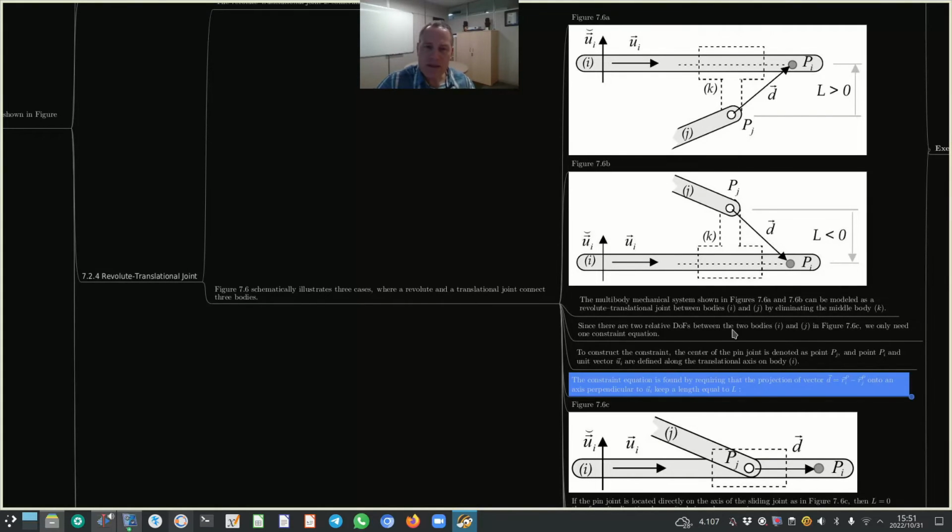So this is a bit theoretical, and what I want to do is show you the derivation plus the end result of the derivation, which is the Jacobian submatrices as well as the right hand side of the acceleration equations.